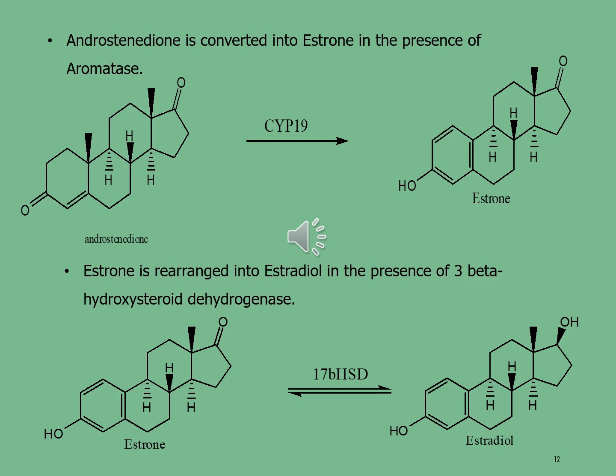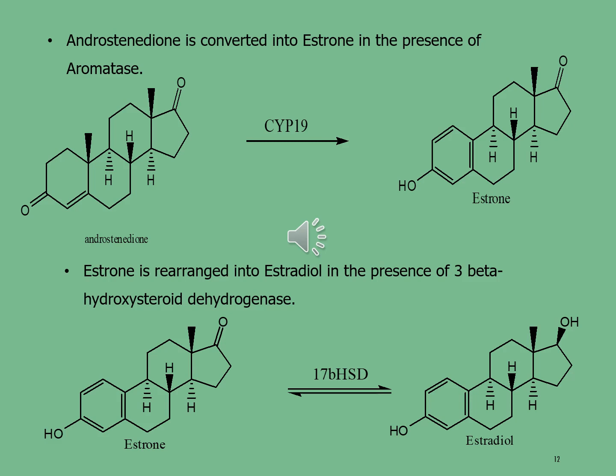In the third step, estrone is converted into estradiol in the presence of 17-beta hydroxysteroid dehydrogenase, which is abbreviated as 17-BHSD. The estrone, which has an aromatic ring in the steroidal structure, the first ring, with a hydroxyl group at carbon 3 position and a carbonyl group at carbon 17 position, is converted into estradiol.